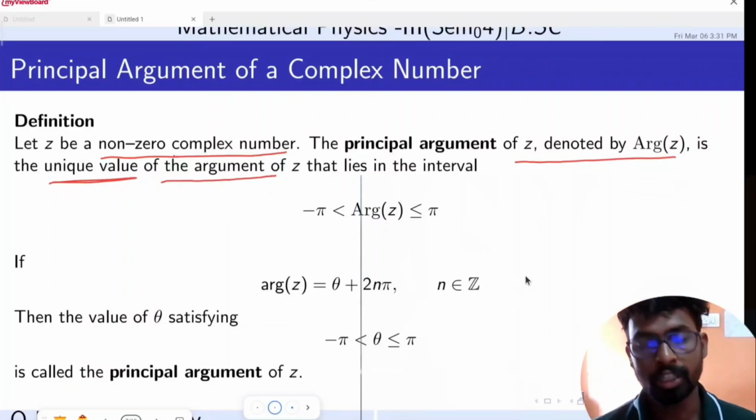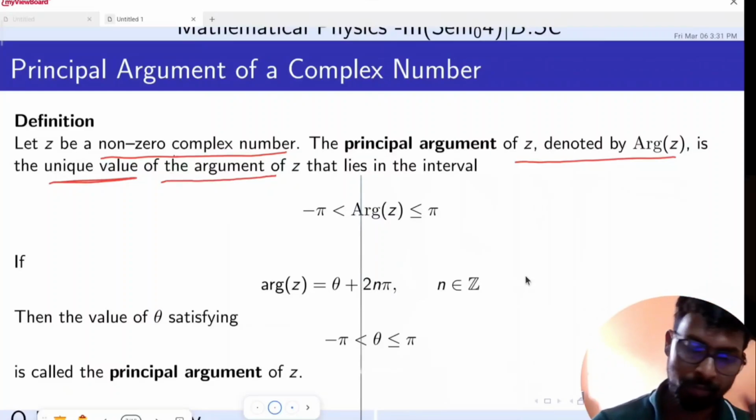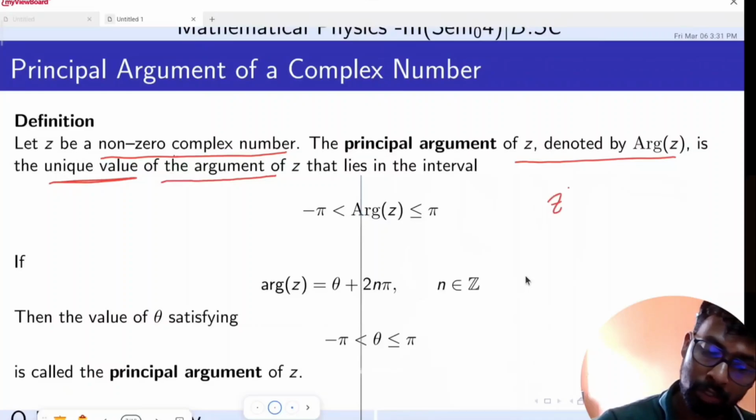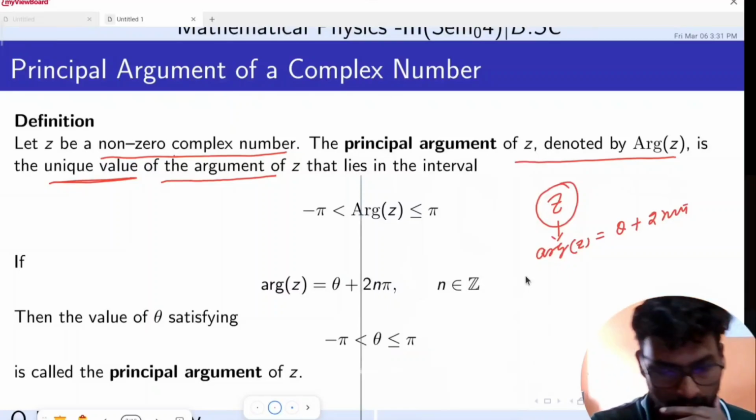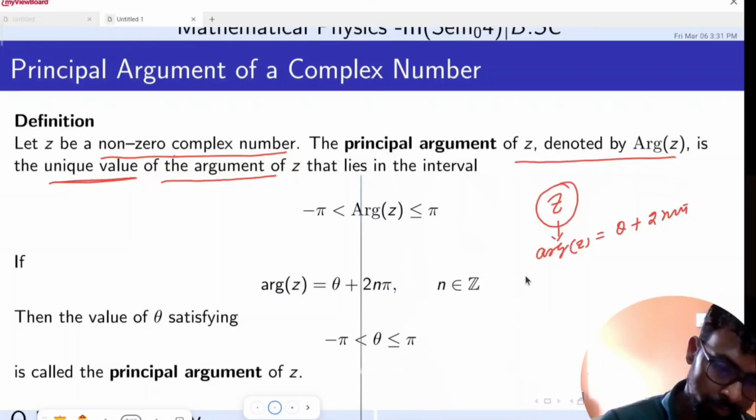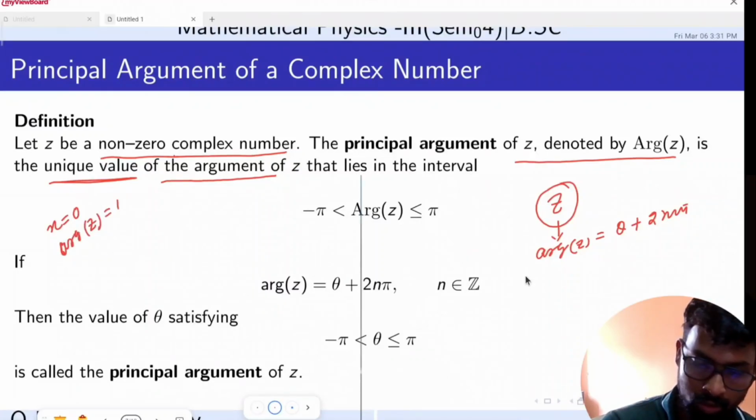Let's be clear here. Say you have a complex number z, and this complex number has an argument value. Argument of z is equal to theta plus 2n pi, right? So consider when n equals 0, argument of z is equal to theta.